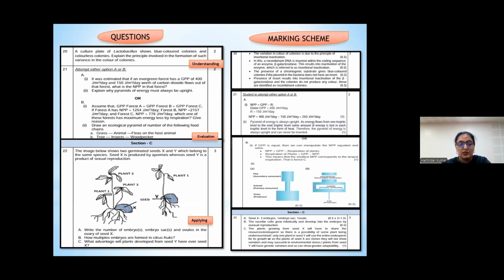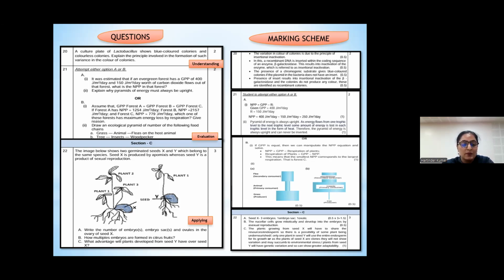Again, in the next 2 marks question, they have given internal choice again. And you can very easily see in the first choice, they have given a question, explain why pyramids of energy must always be upright. In this, the student has to explain what the 10% energy law is. Then that child has to correlate this 10% energy law with the loss of energy at the highest level, with very less amount of energy reaching the upright level.